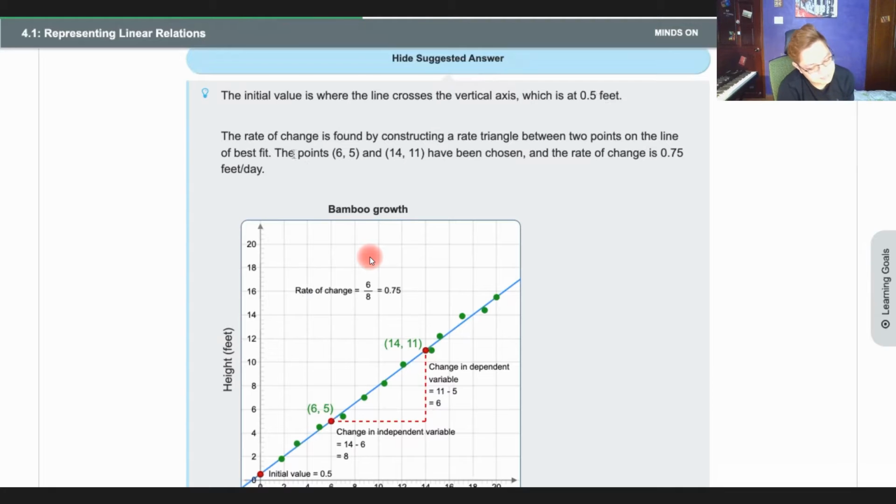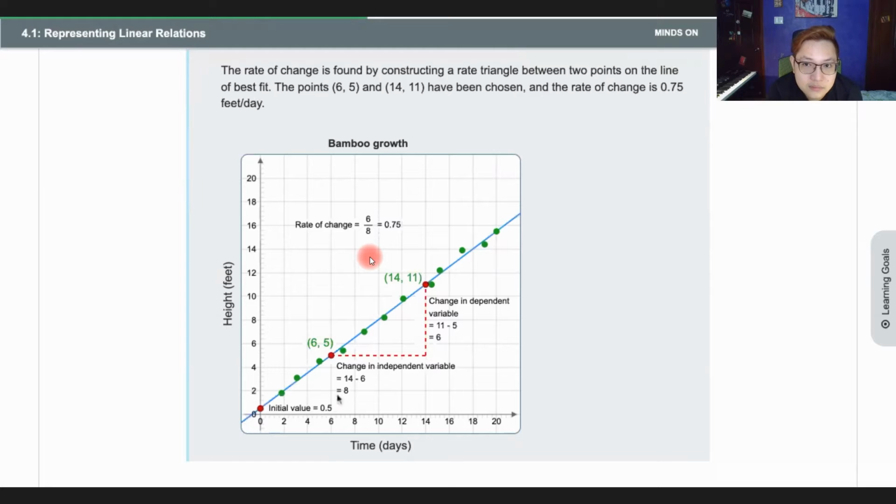The rate of change is found by constructing a rate triangle between 2 points on the line of best fit. The points (6, 5) and (14, 11) have been chosen. And the rate of change is 0.75 feet a day.